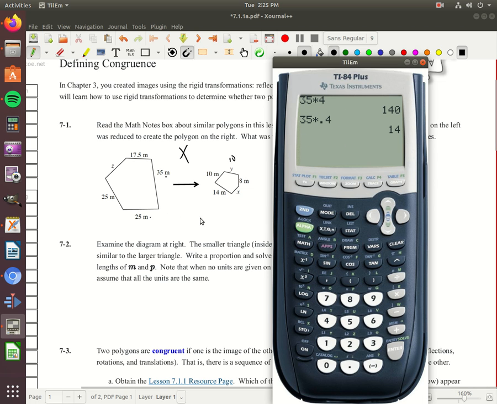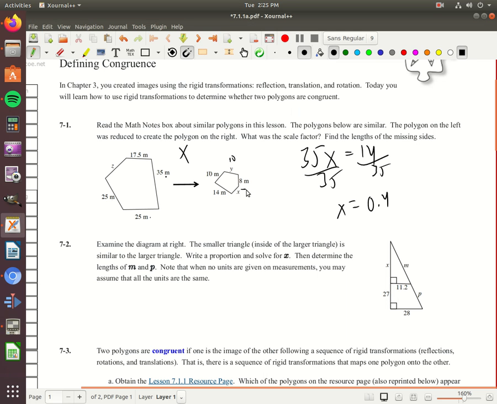So if I multiply 25 by 0.4, I expect to get 10. That's how we know that's going to be 10. What if I multiply 17.5 by 0.4? I'll get x. So 17.5 times 0.4 gives me my x, and that equals 7.